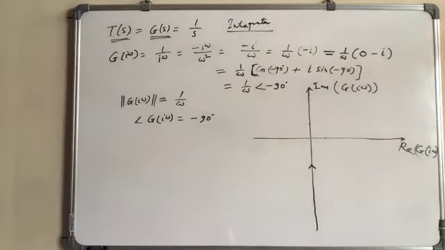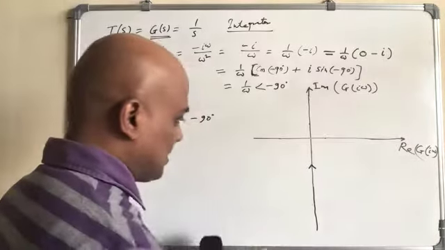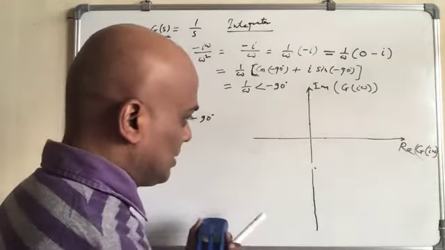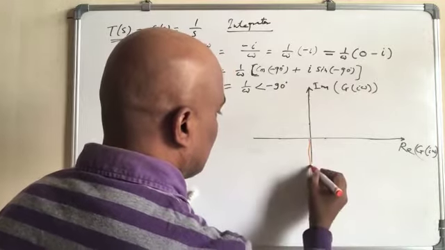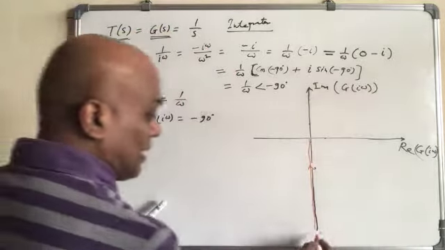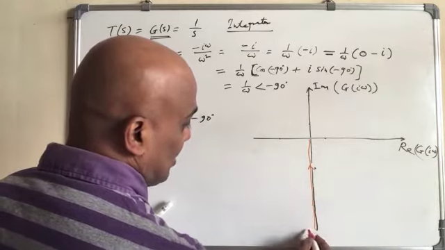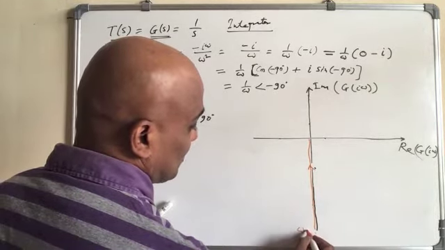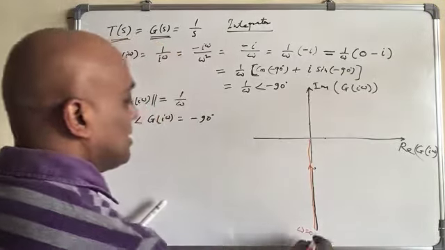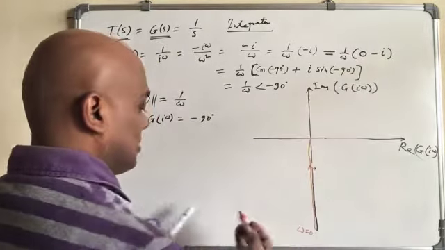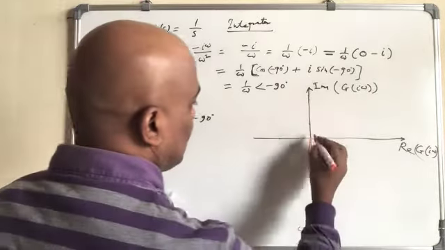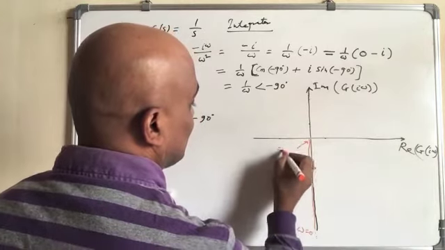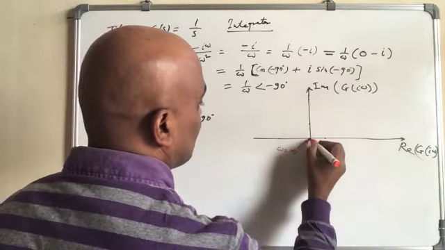So we can show it like this. Infinity here, so ω equal to 0 is at infinity, and here it will be ω equal to infinity, at the 0 point.